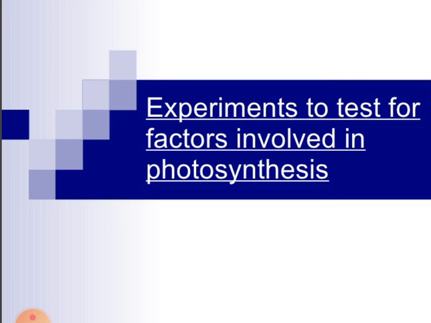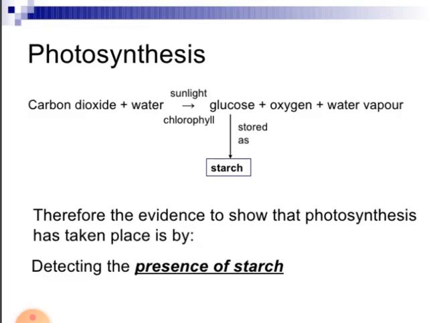Now, in our previous class on photosynthesis, we have learned that during photosynthesis, carbon dioxide combines with water in the presence of sunlight energy and chlorophyll to give rise to glucose, while oxygen and water vapor are given off.